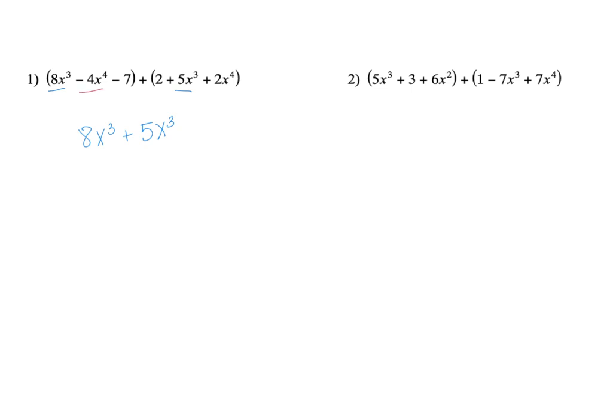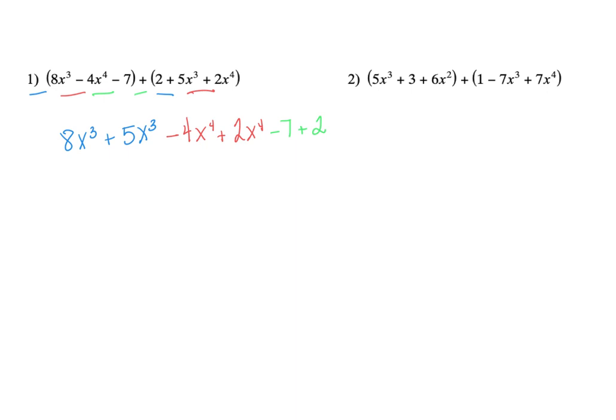And then I'm going to look at a negative 4x to the fourth. I'm going to add my like term. And I'm going to do that until I have taken care of all of my terms in this particular problem.